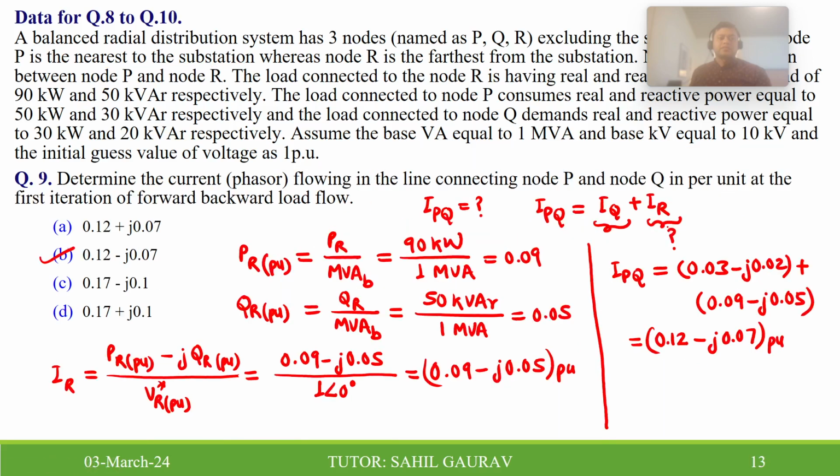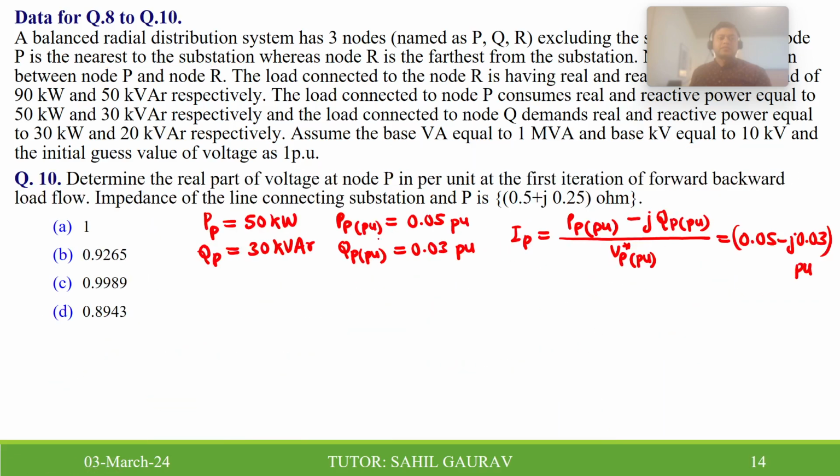So the total load current is flowing between the substation node and the node P, that is ISP. So IP plus IQ plus IR.